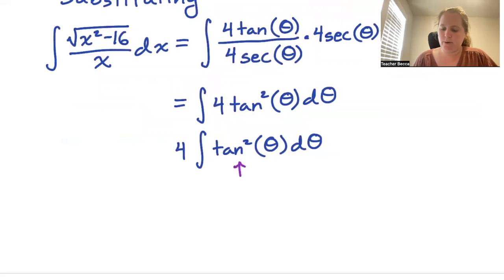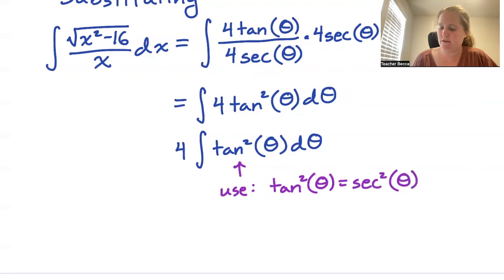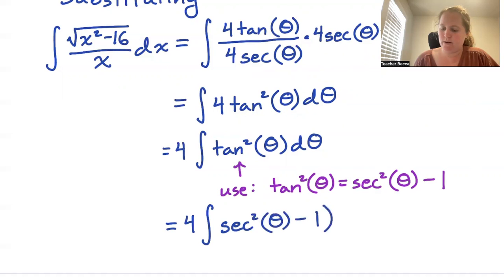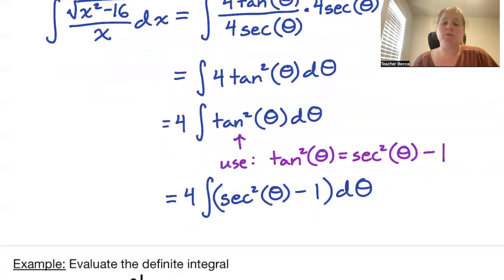So we will use the fact that tan squared of theta is equal to secant squared of theta minus 1. So we are now looking at 4 times the integral of secant squared theta minus 1 d theta. At this point, we know our integrals.